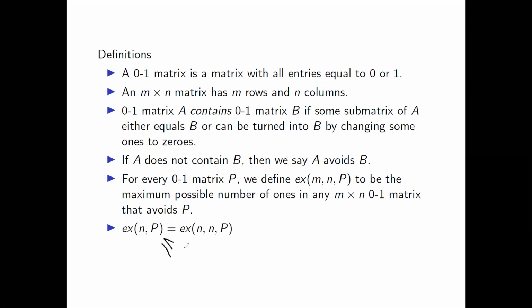So we get a trivial upper bound of n squared on the extremal function Ex of n comma P. That's our first basic fact about it.